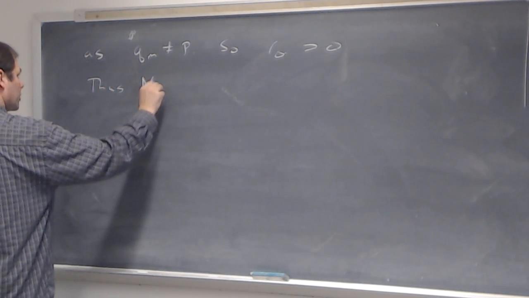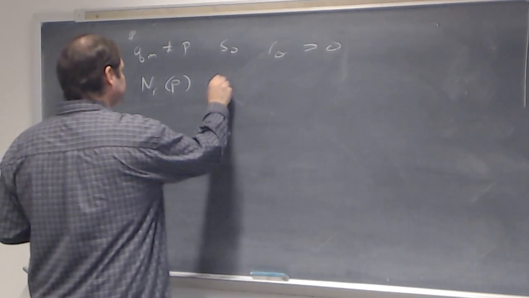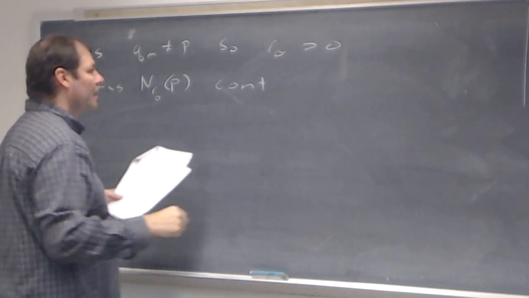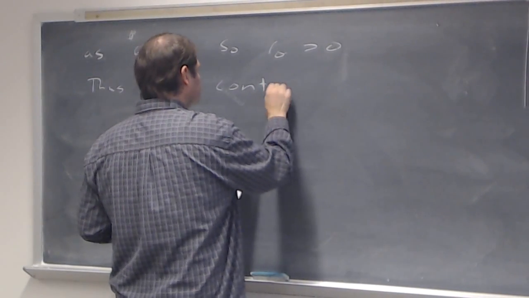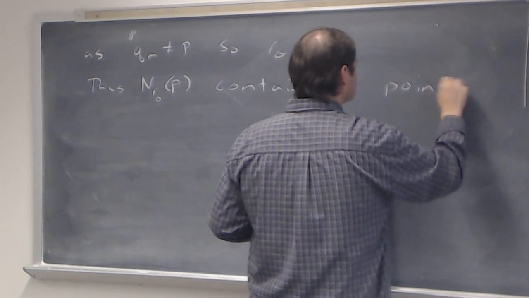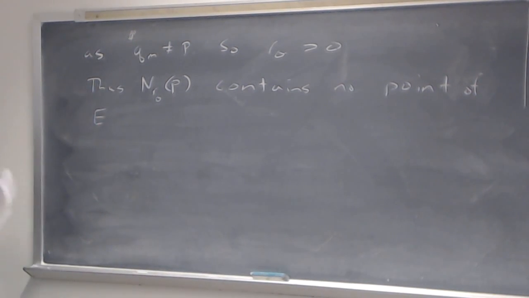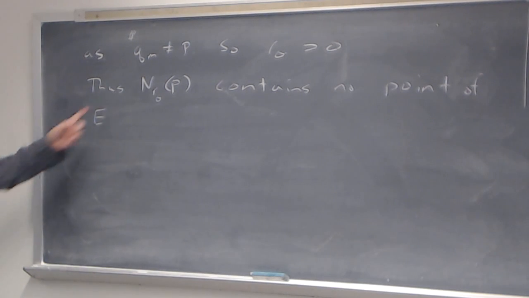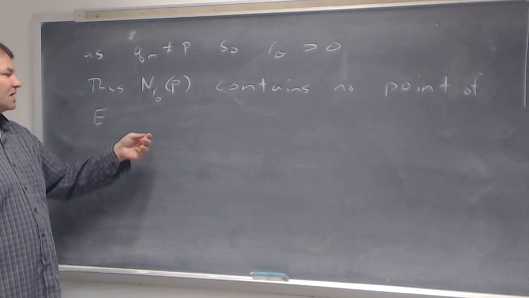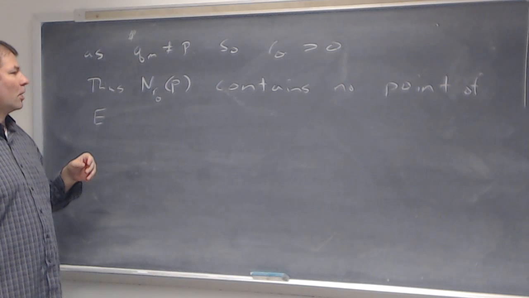Thus, when you look at this neighborhood of radius r naught, it contains no point of E, because the points of E that were in N sub r, besides possibly P itself, were just those Q sub i's, with i running from 1 to n.